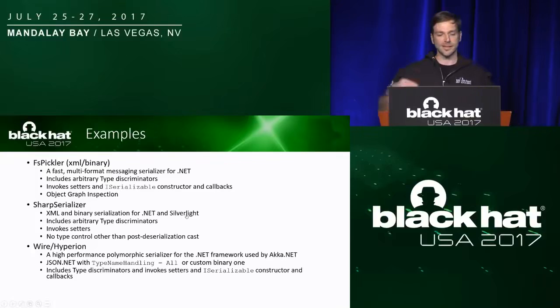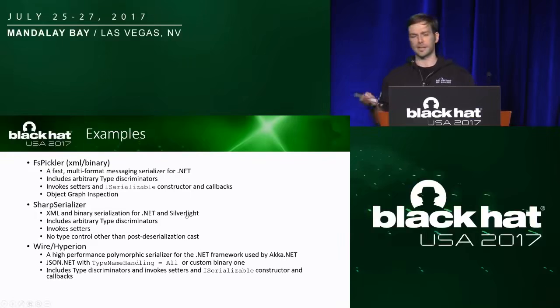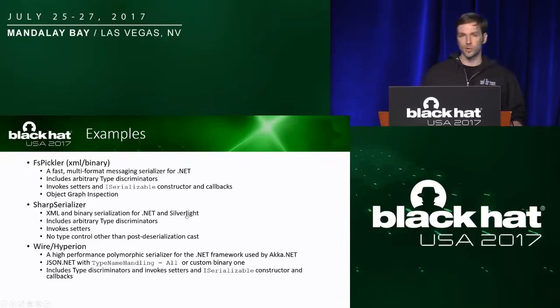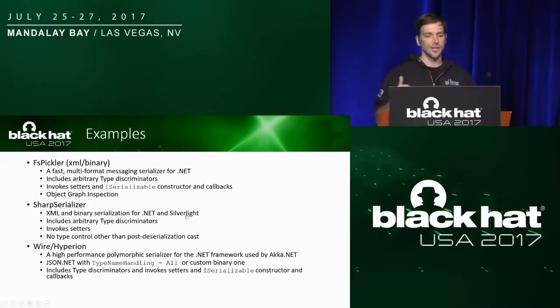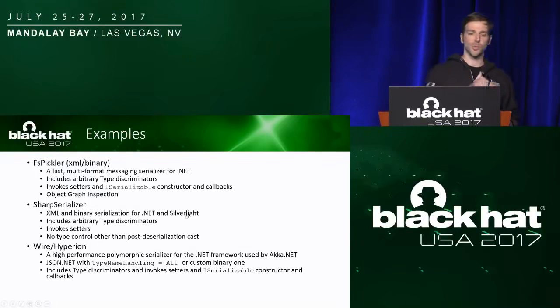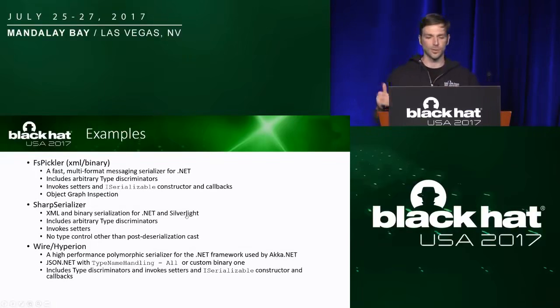Then we have Wire, that is now known as Hyperion, and is the serializer for Akka.NET. Akka.NET is basically the .NET version of the famous Scala and Java framework to deal with concurrency using actor-based models, where actors communicate by exchanging messages that are serialized with JSON.NET using the insecure configuration that we showed you before, TypeNameHandling equals All.